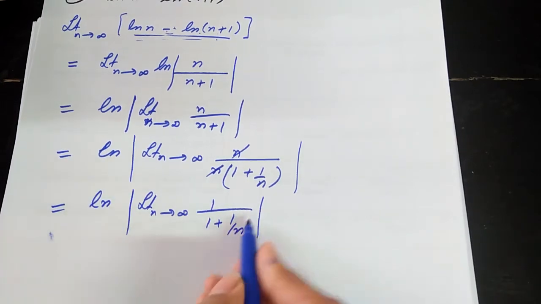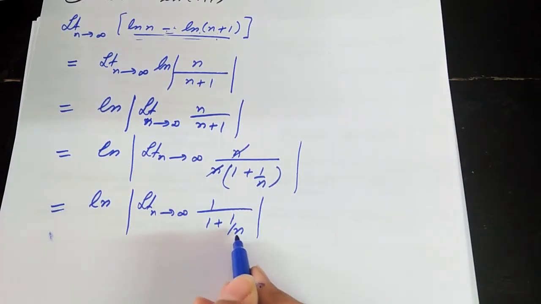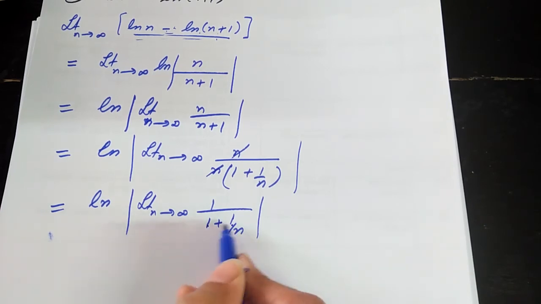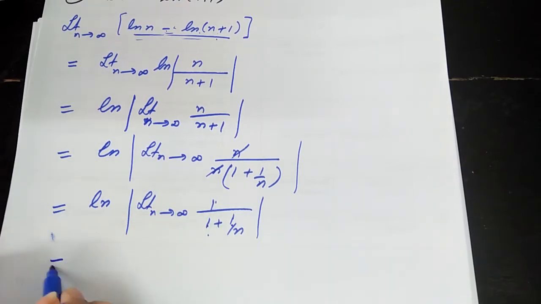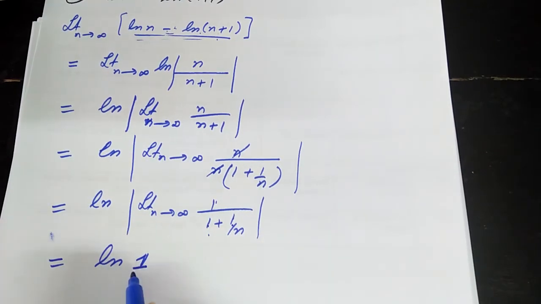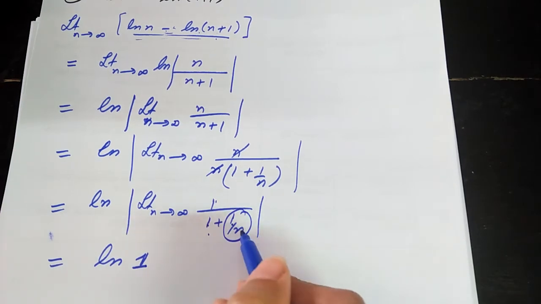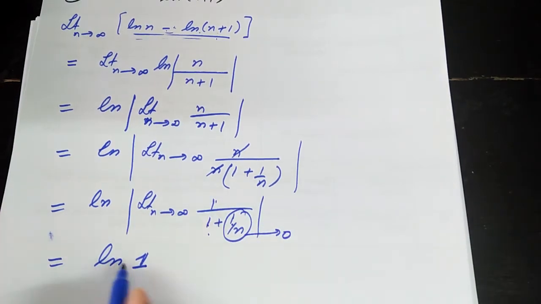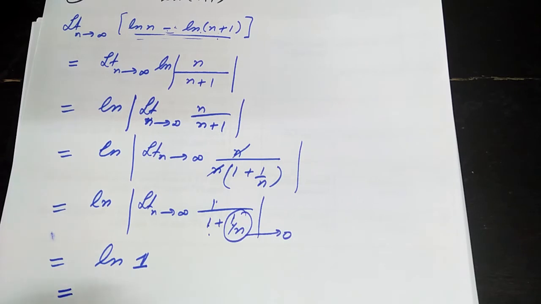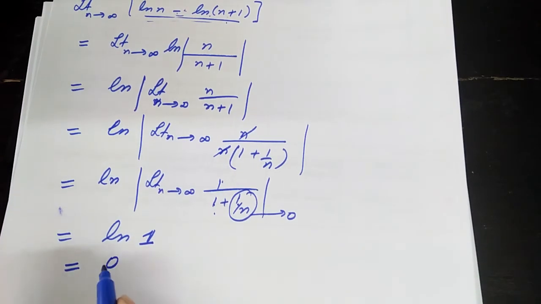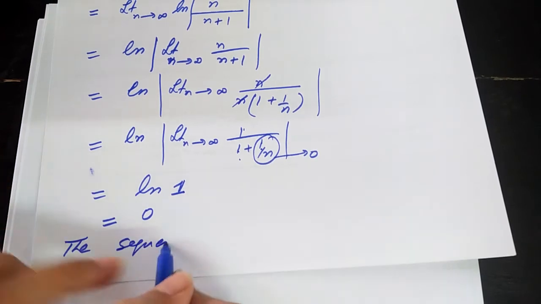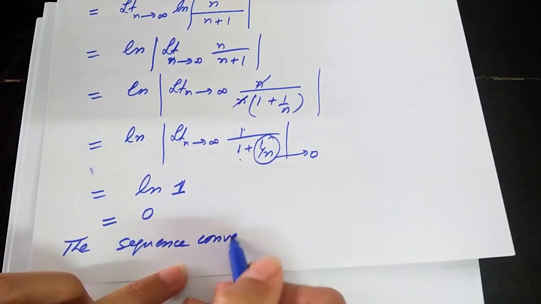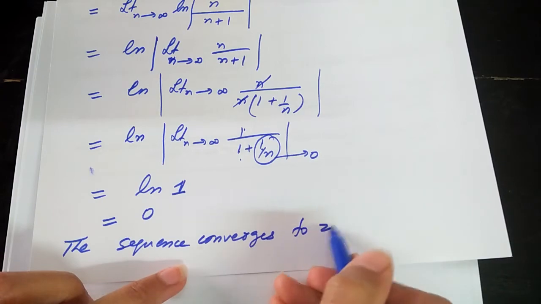We know that 1 over infinity will give us 0, and 1 plus 0 will give us 1, and 1 over 1 will give us again 1. So we got ln 1 in our answer, because this term goes to 0. We know that ln 1 is always equal to 0. So the sequence converges to 0.